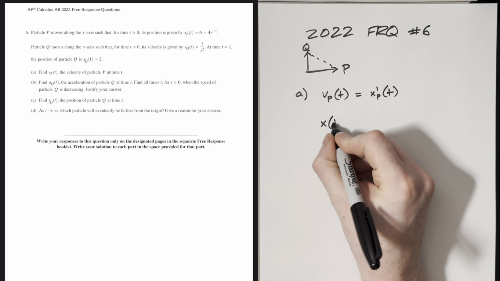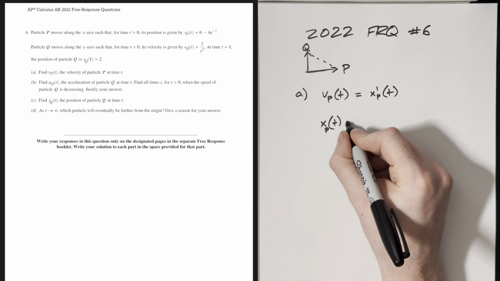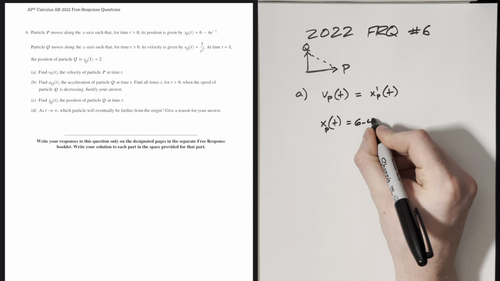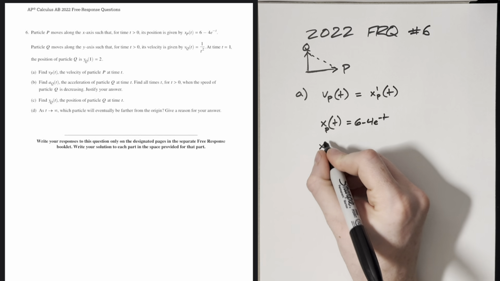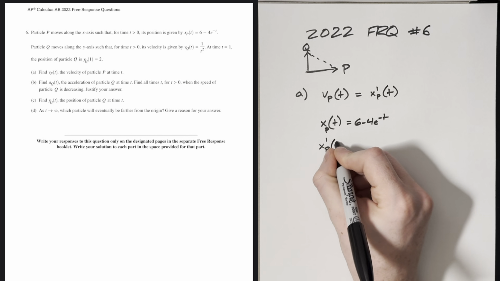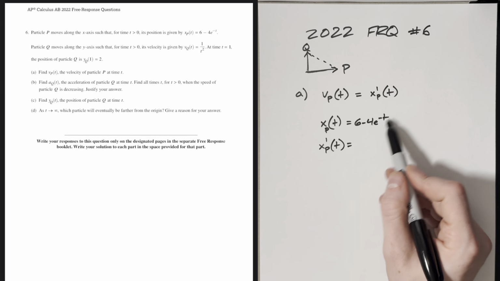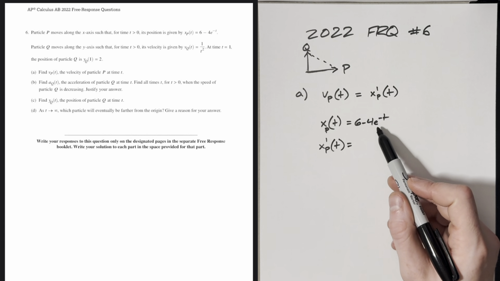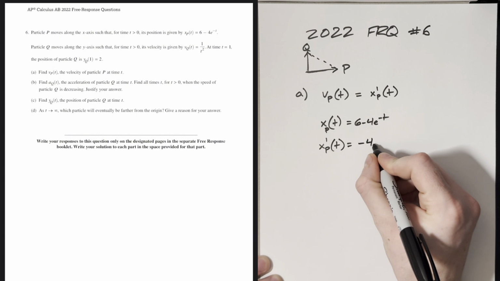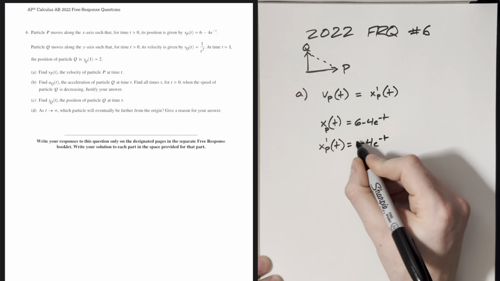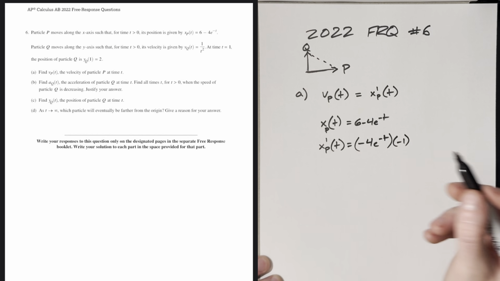It told us x for particle P, our position at time t, is equal to 6 minus 4 times e to the negative t. So when I take the derivative of this function, 6 becomes 0, and for 4e to the negative t, I know e to any power, its derivative is just e to that power times the derivative of the exponent, which is negative 1.